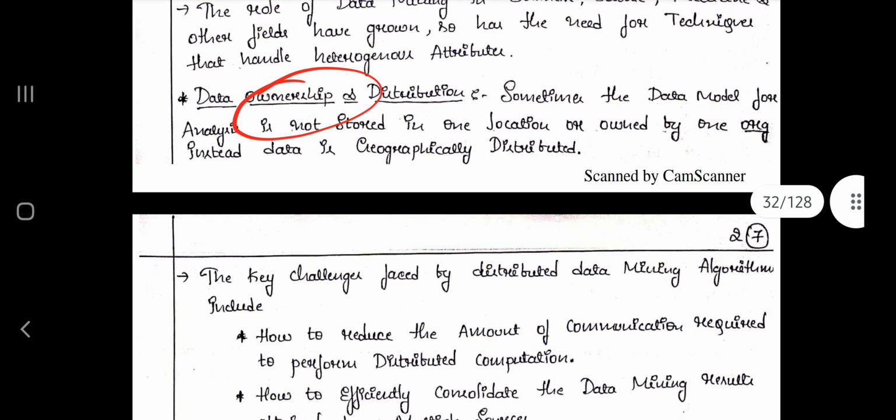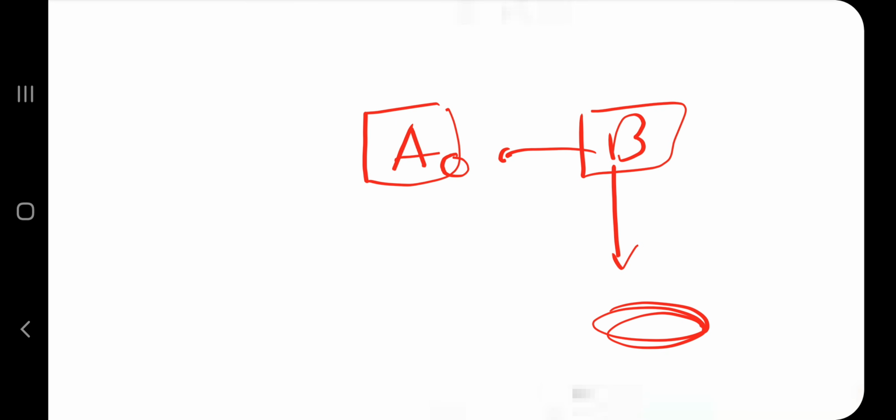Data ownership, I will explain what it is. Suppose this is database A and this is database B. Now B has to perform some operations, and in that operation a slight amount of data from A is required. So B will see the analysis and the trends of the data in A. That is obviously visible, right? There is nothing hidden. What are the trends happening in the market regarding this domain?